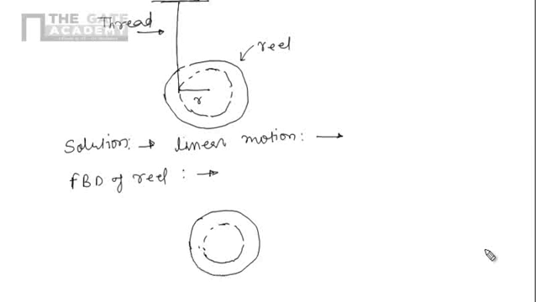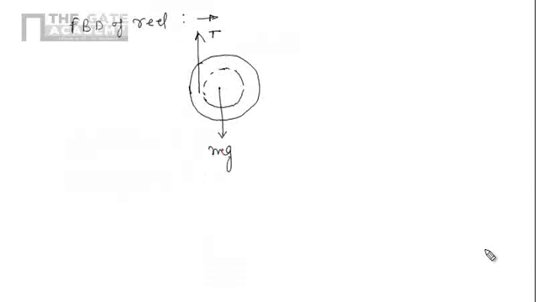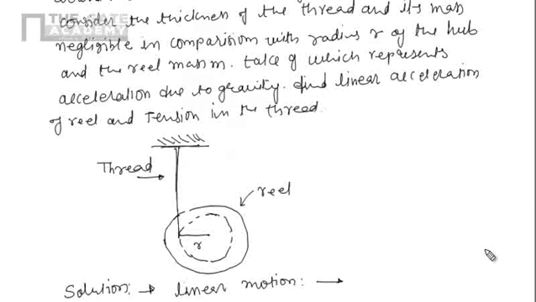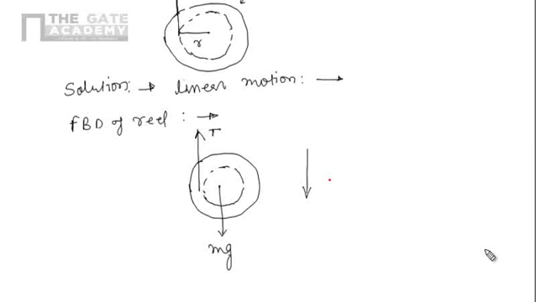This thread is attached here, so there will be tension T, and the weight will act at the center of gravity, that is mg. The reel is wound like that and it will move in the downward direction. So the motion direction is like that.